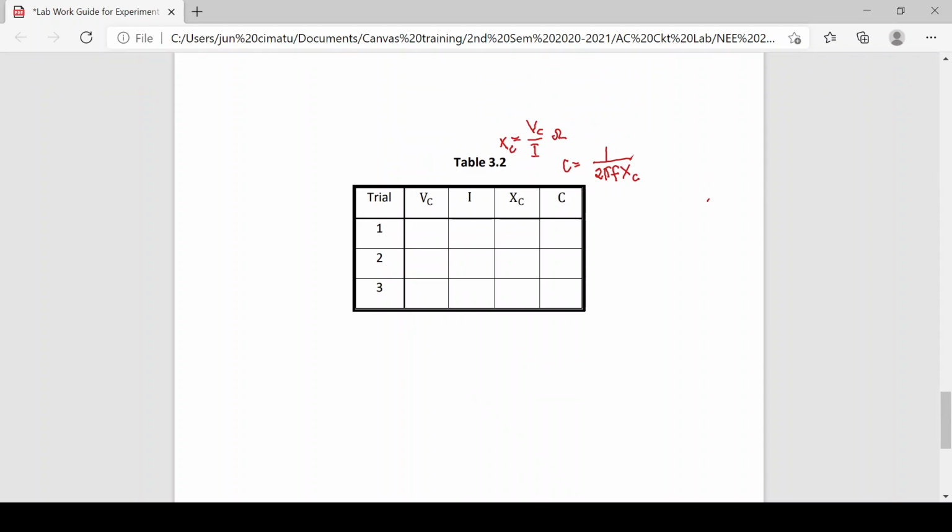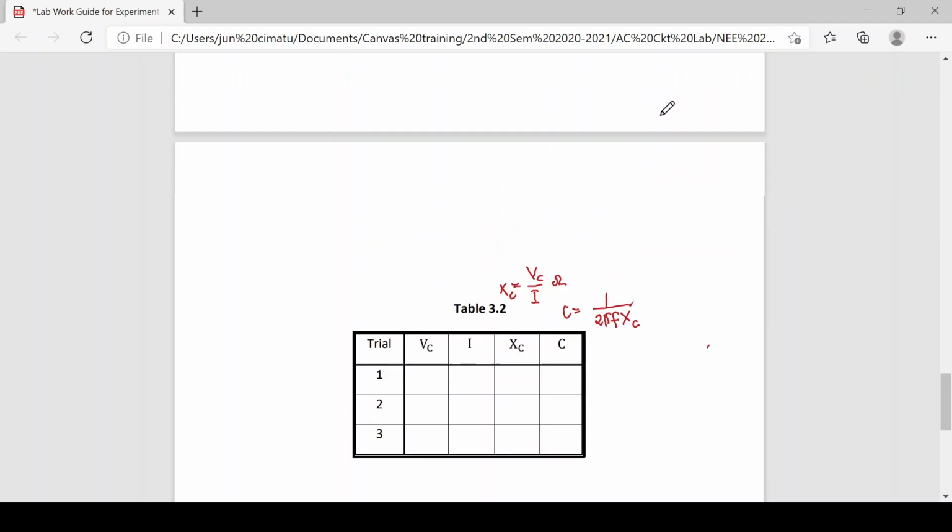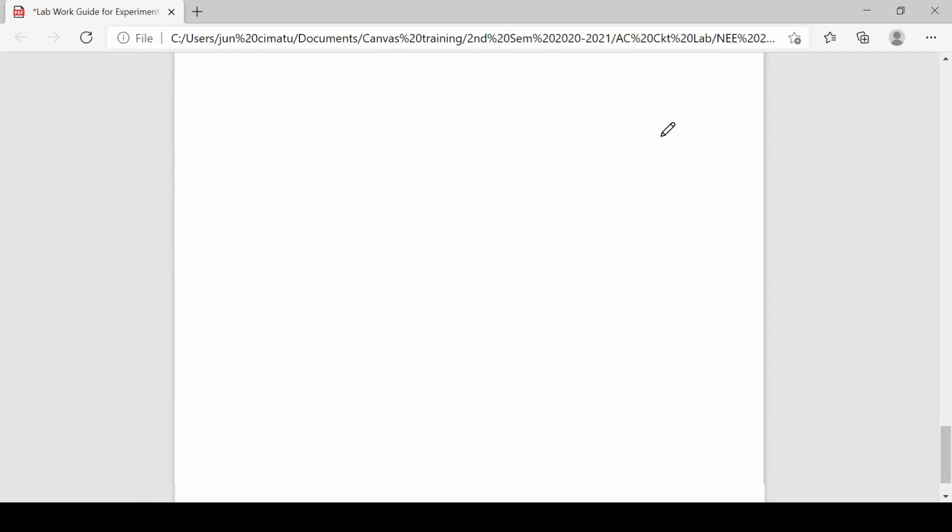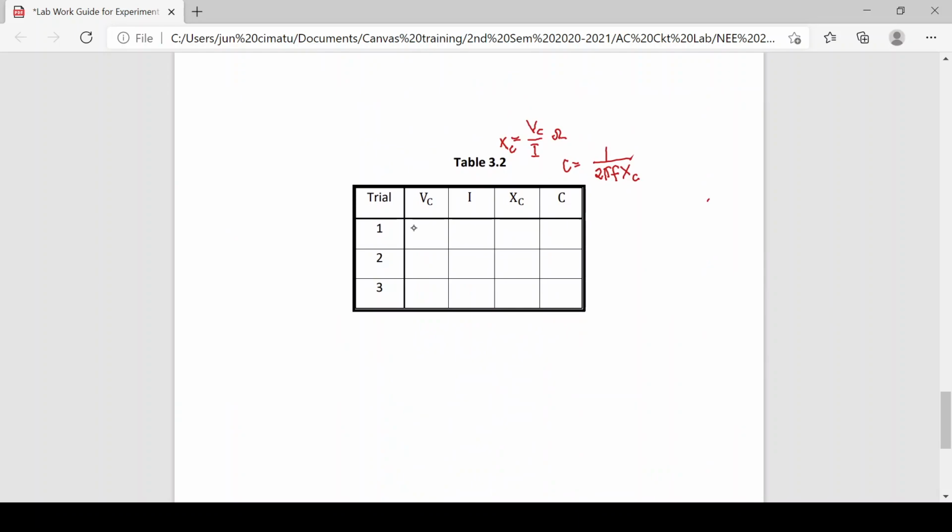We record the same voltage, 10.607 volts, while the current registered on the ammeter is 334.29 milliampere, or 0.334 ampere, and therefore the X sub C is 10.607 over 0.334.